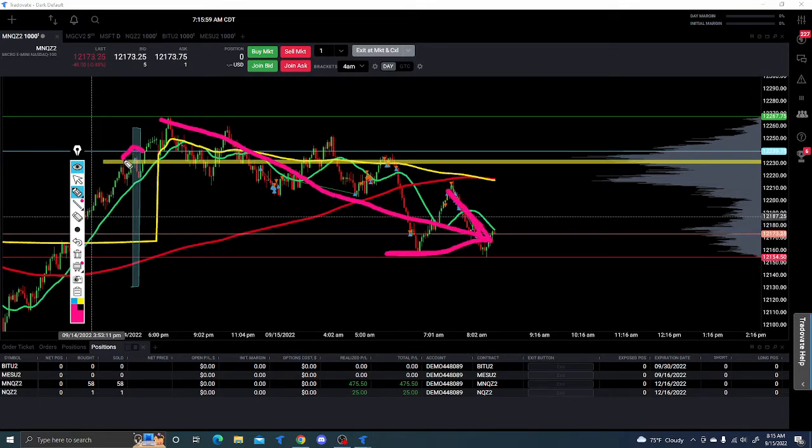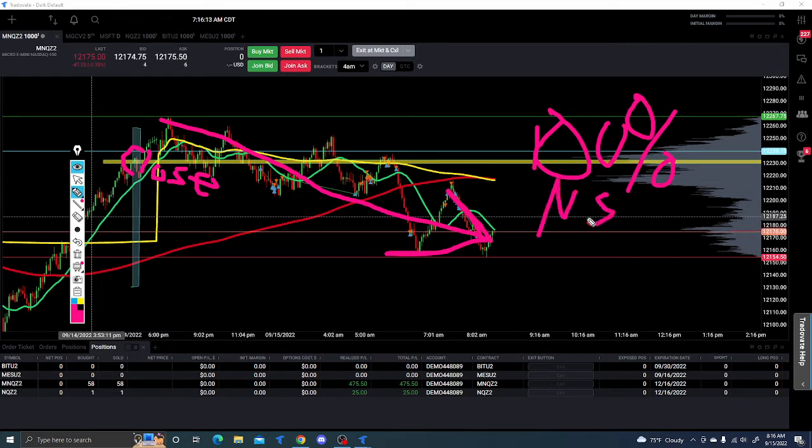So from yesterday's close, the market is right now 100% net short, NS. Now I'm going to be abbreviating a lot of things, so just come to terms with the terminology I'm using, so when you see it in pictures that I post or we're talking about it, you'll know exactly what it means. NS, net short. Right now, since yesterday's close, the market is 100% net short.